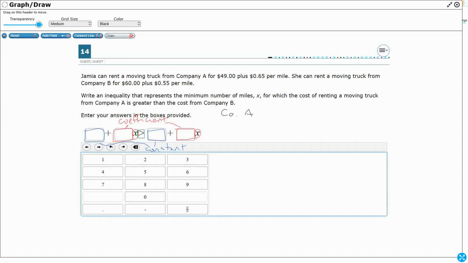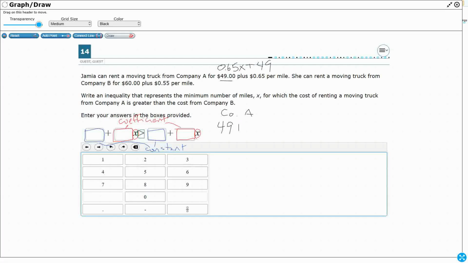Normally we would write 0.65x plus 49, because that's going to be your slope-intercept form. But they give it to us with that intercept, that starting position first, that 49. And if that's going to be what our answer needs to be, with the constants first and the coefficient second, go ahead and keep it in that order.